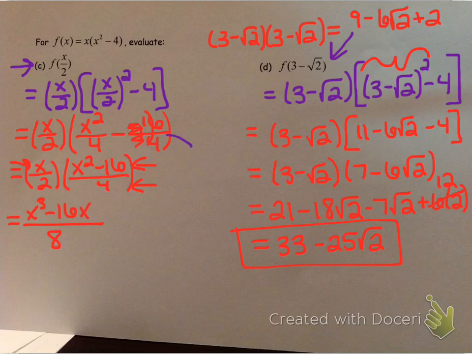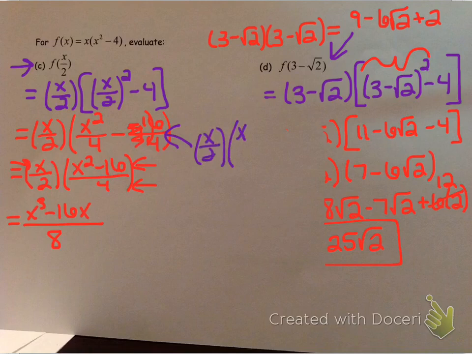Now the other option you had was back here. Instead of doing the subtraction next, what you could have done, I'm going to make a little room here. Okay. What you could have done is you would have gone from here. You would have simply distributed through.